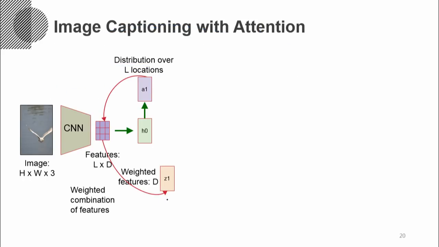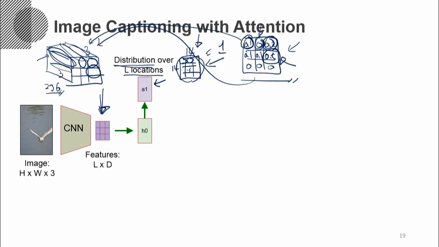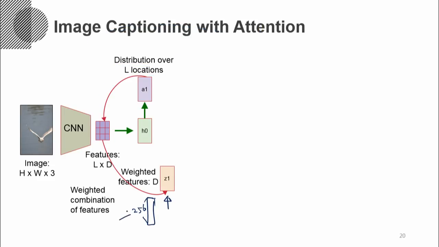Altogether, we obtain one single feature vector that has the dimension of 256, because each of these 256 dimensions was added with its own weight to generate one single 256 dimensional feature vector.